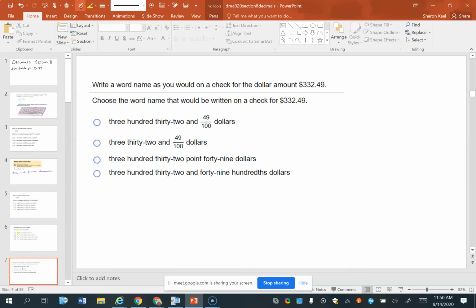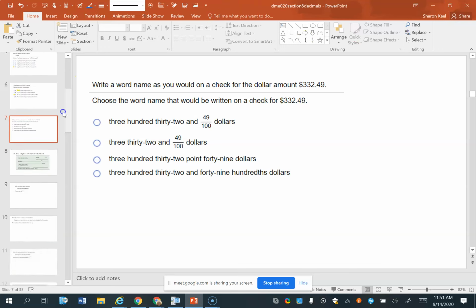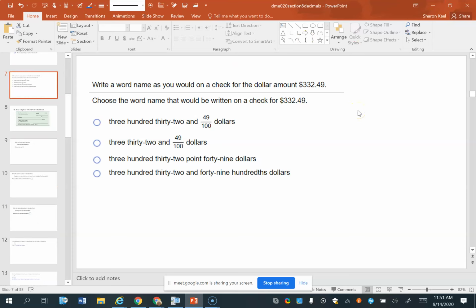Write a word name as you would on a check for the dollar amount. Okay, so in this scenario, we're looking at if you were to be writing a check, we would start with 332, and then we would have the and. So 332 and, we can eliminate this one because this one uses the word point. Hang on just a second. Okay, so we can eliminate this one.